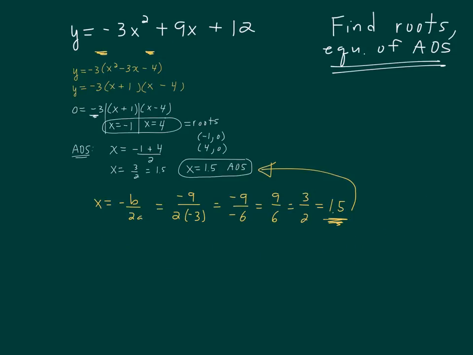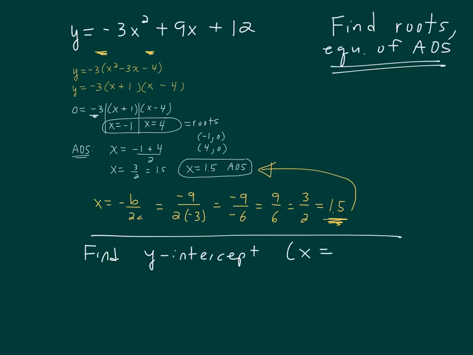Now, one additional thing real quick. Suppose we want to find the y-intercept. Remember, to find a y-intercept, we need to put 0 in for x. So if we are looking at our factored form from up above, go ahead and drop in a 0 where you see an x.